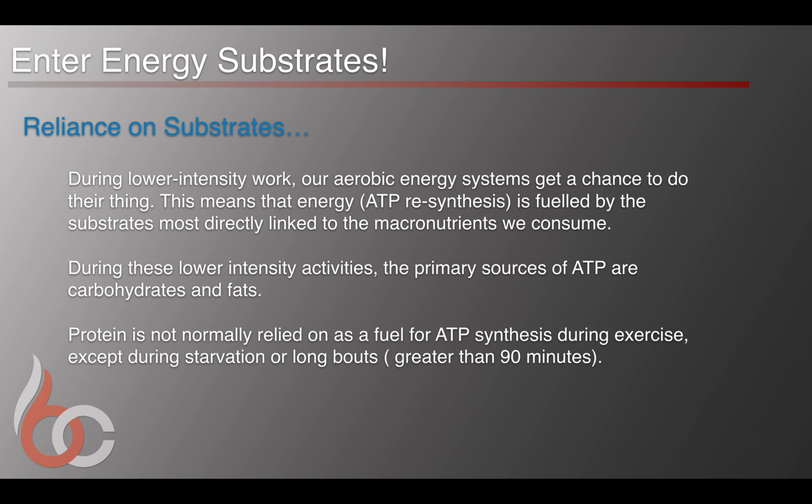So during a low intensity activity, the primary source of ATP is carbohydrate and fat. All right, if I'm jogging, doing a quick jog or a slow jog, the primary source of ATP production, converting and fueling that ATP cycle, it is being fueled by carbohydrate and fat.